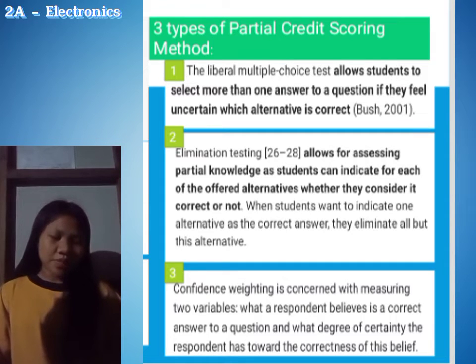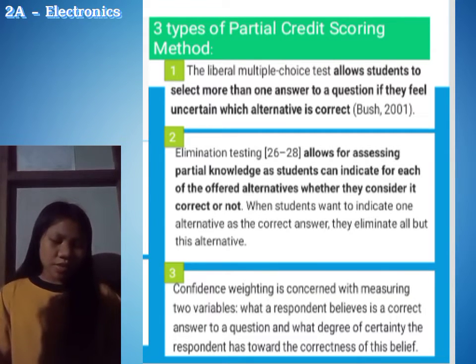The liberal multiple choice test allows students to select more than one answer to a question if they feel uncertain which alternative is correct, Bush 2001. Elimination testing allows for assessing partial knowledge as students can indicate for each of the offered alternatives whether they considered it correct or not.